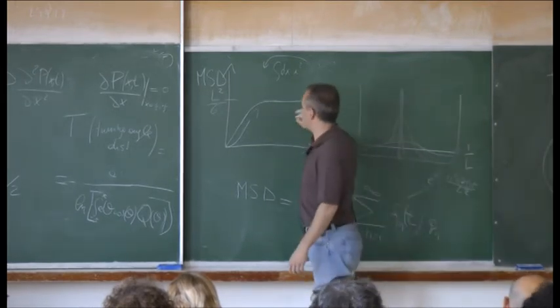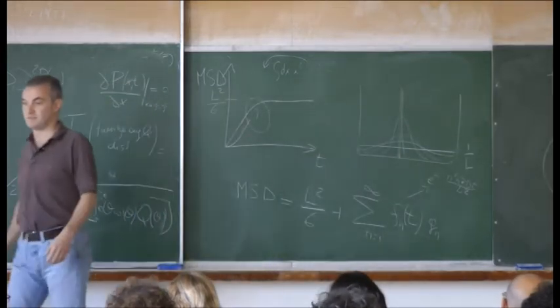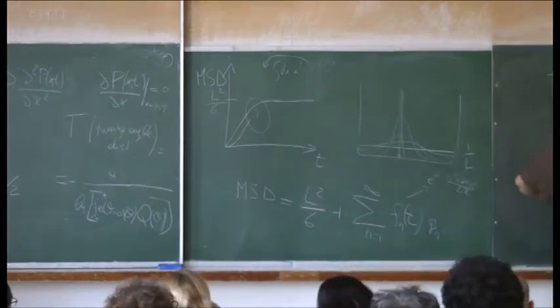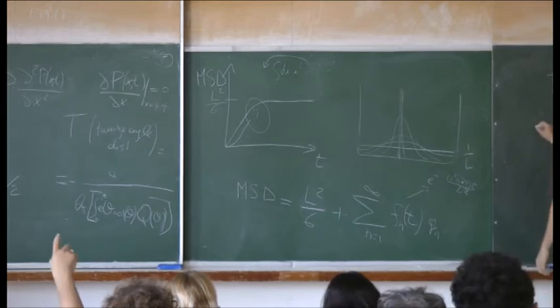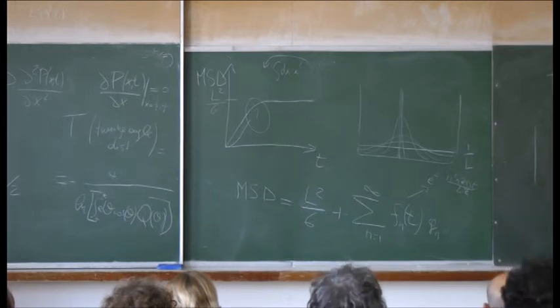Now, what happened here? And you think about, I'm going to draw something. Imagine that you start here, and then you move. And then you have some correlation, so you tend to move there.